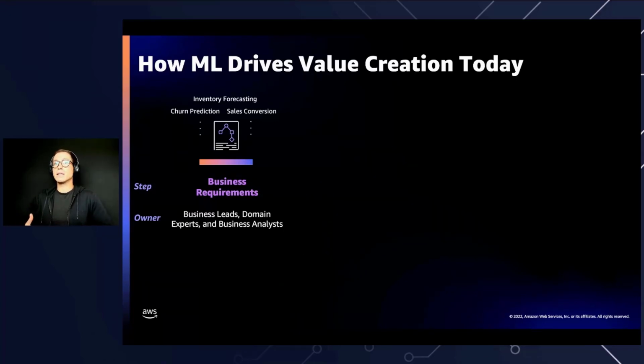I would like to predict the churn that we will be facing, so that I take some preemptive actions, or what is the expected sales conversion, and of course many more, with a lot more nuanced and complex use cases that might involve natural language processing or text, or might involve images and computer vision. So the business teams usually come in and ask a question, especially to the data scientists, data engineers, and ML engineers, saying, can we predict that?